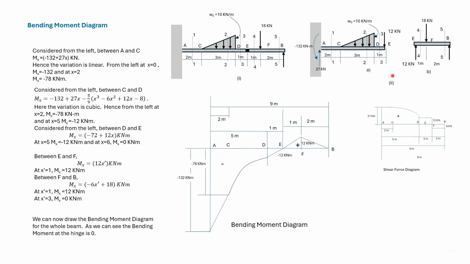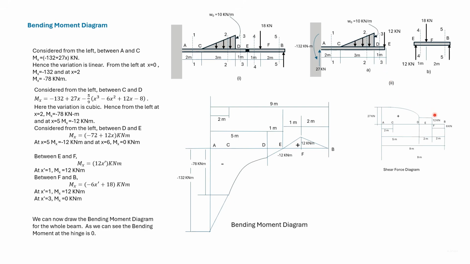We also see that where this point load acts, there's a drop in the shear force diagram. This we have seen earlier. The shear force passes from a positive value through 0 to a negative value.